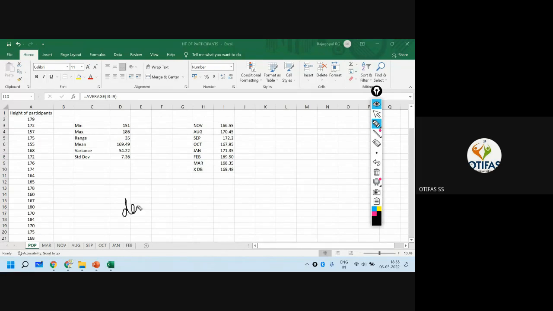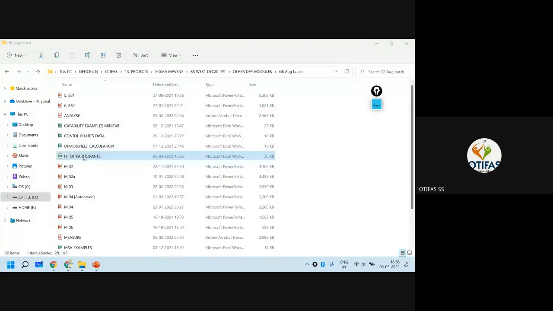So what we have done is a type of descriptive statistics. I'll just show you this in Minitab software.